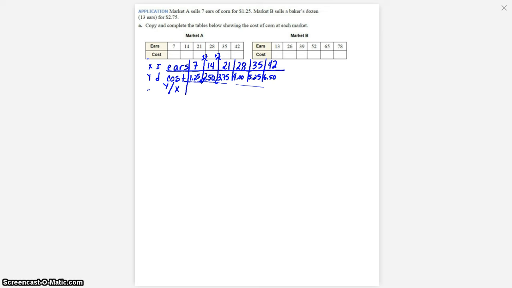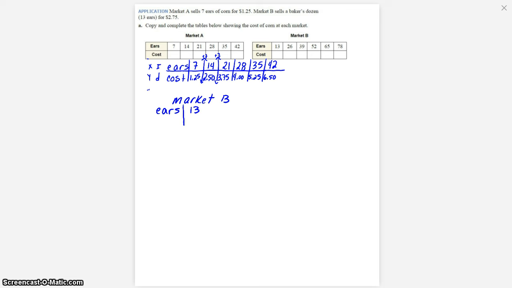Okay, let's do the same thing, but for the market B table. I'm going to rewrite that again down here. So for market B, how is it different? Our ears, they sell them by 13s, right?